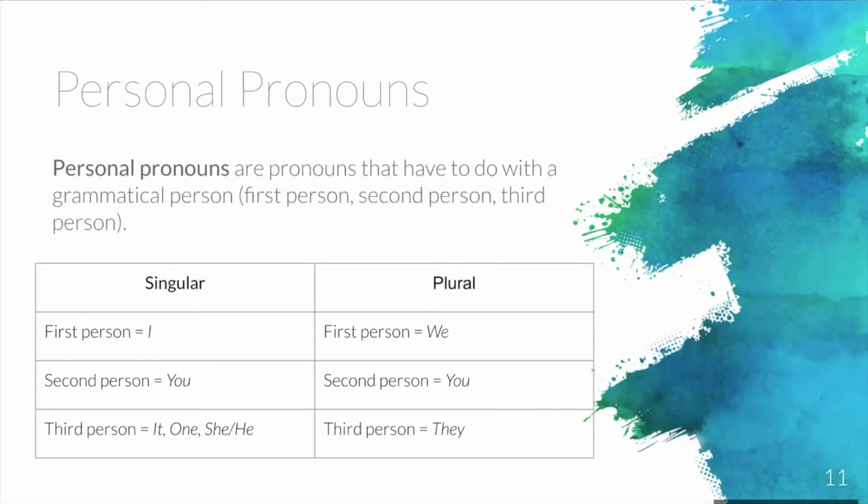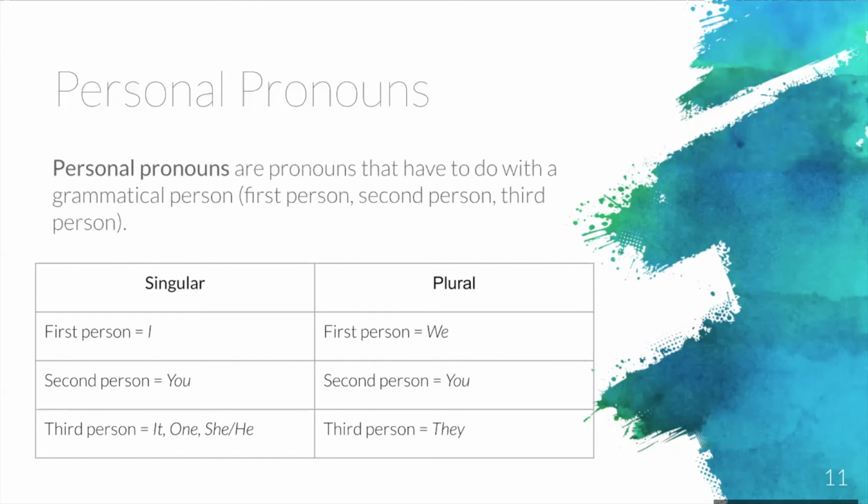We'll go more into first, second, and third person in later videos, but just to clarify again, first person is when you're referring to yourself, so that's I, or if you're in a group and referring to the entire group you are part of, it will be we. For second person, if you're talking to somebody or a group of people and addressing them, you would say you.